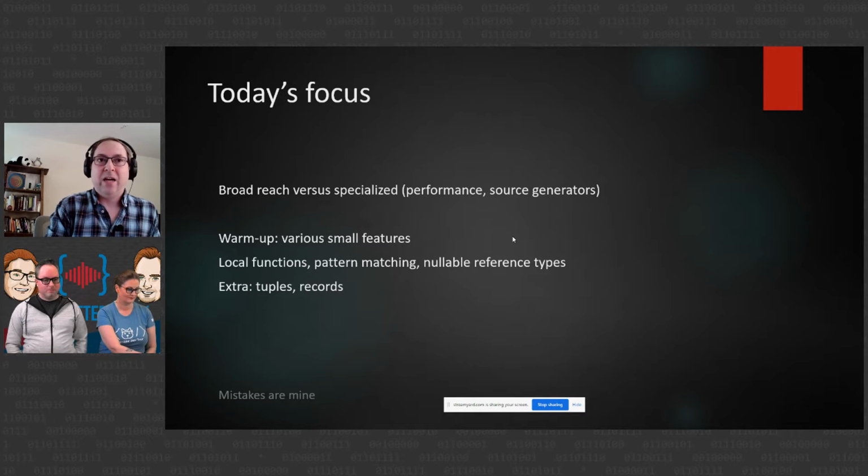There's really good stuff there, and then source generators also, which is a whole area. So for today, we'll get started with some small features, and then I'm planning to cover local functions, pattern matching, nullable reference types, and then if we have time, tuples and records.